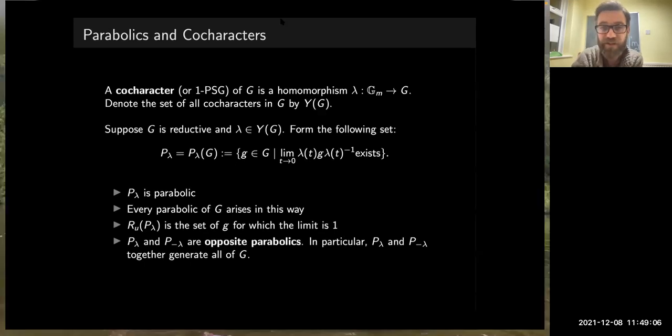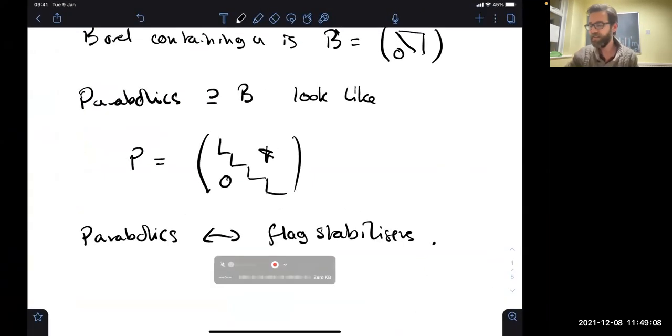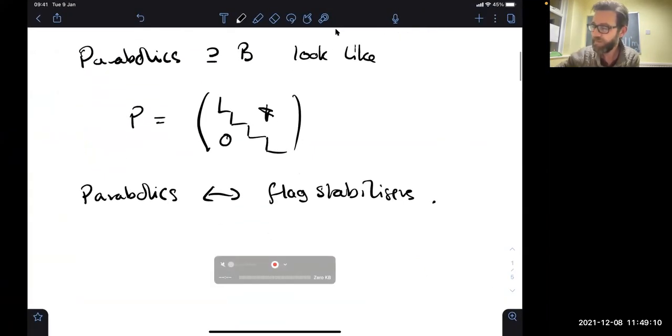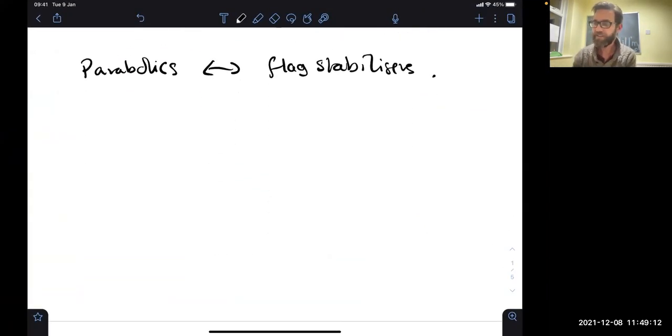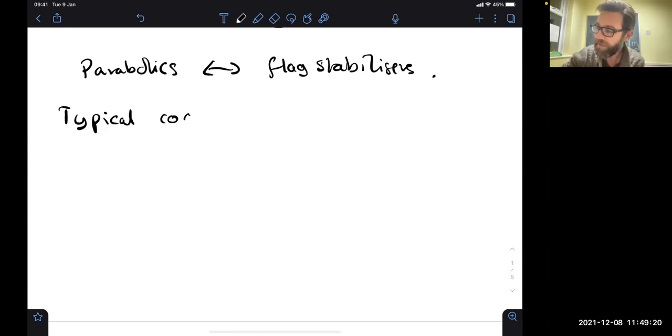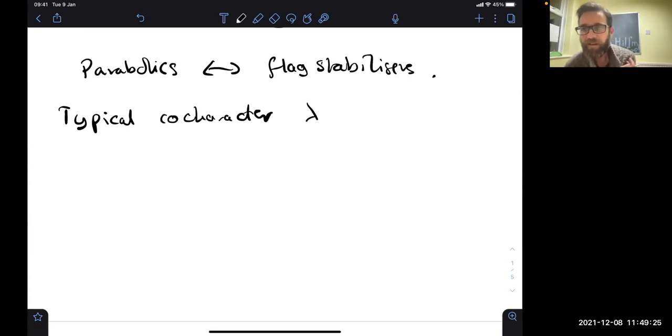So again, let me just quickly show you how to do this in GL_n land. So a typical cocharacter of GL_n, well, I might as well diagonalize it because its image is going to be a torus, so I can stick it in the diagonal matrices if I want.